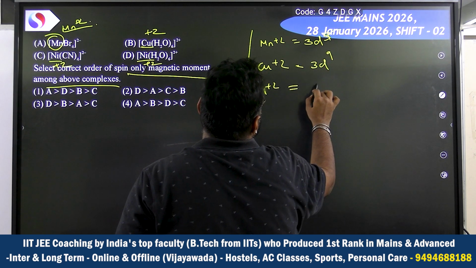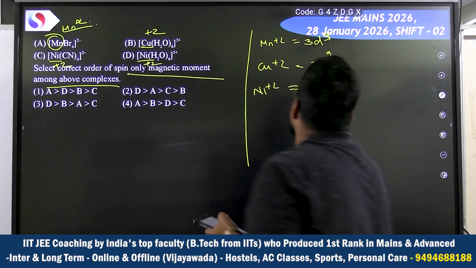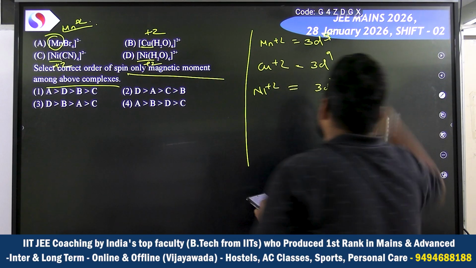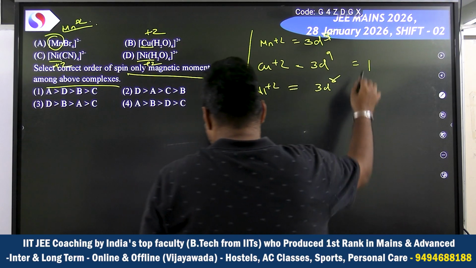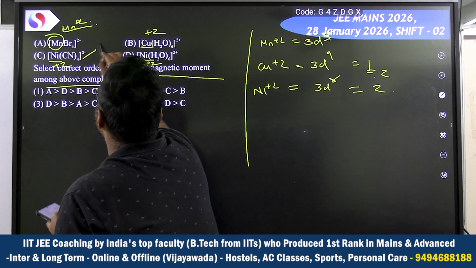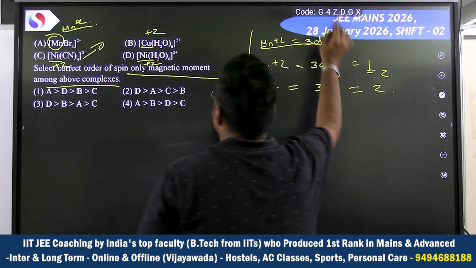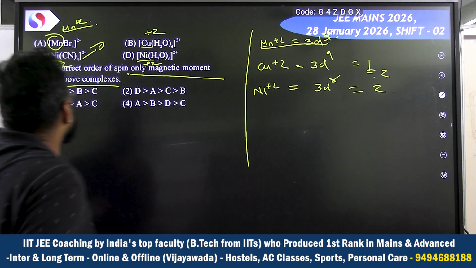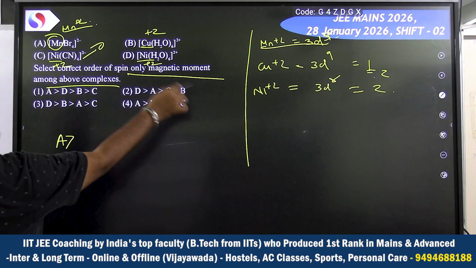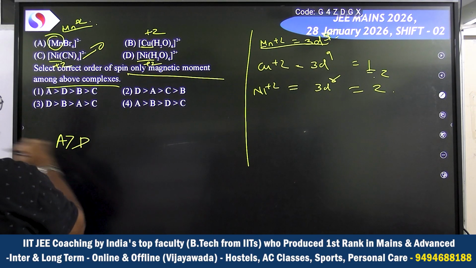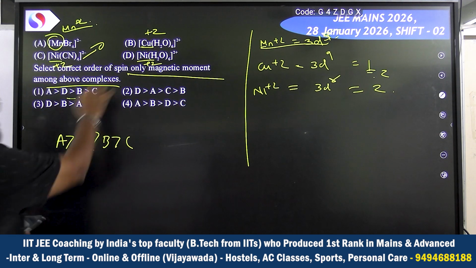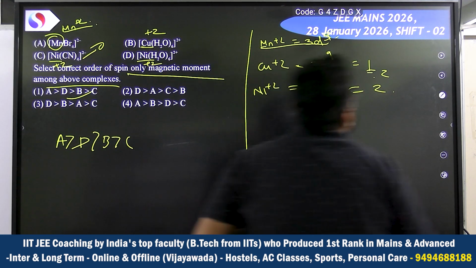This will be how much? 3d8. So work it out. This will have only 1 unpaired electron. This will have 2 unpaired electrons. This will have 0 unpaired electrons. And this will have 5 unpaired electrons. So maximum spin will be for A. After A it will be nickel, meaning D. After D it will be B. And last is C. Option number first will be correct.